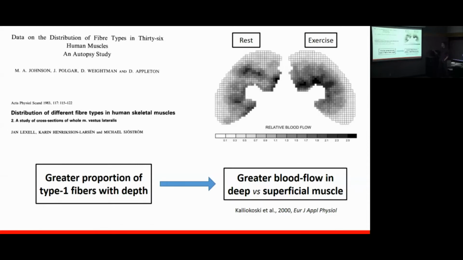As we see from the darker areas, blood flow is greater in deeper tissue. So it's nice to have support from previous research, even more invasive. These are studies on cadavers, so it's good to have this.